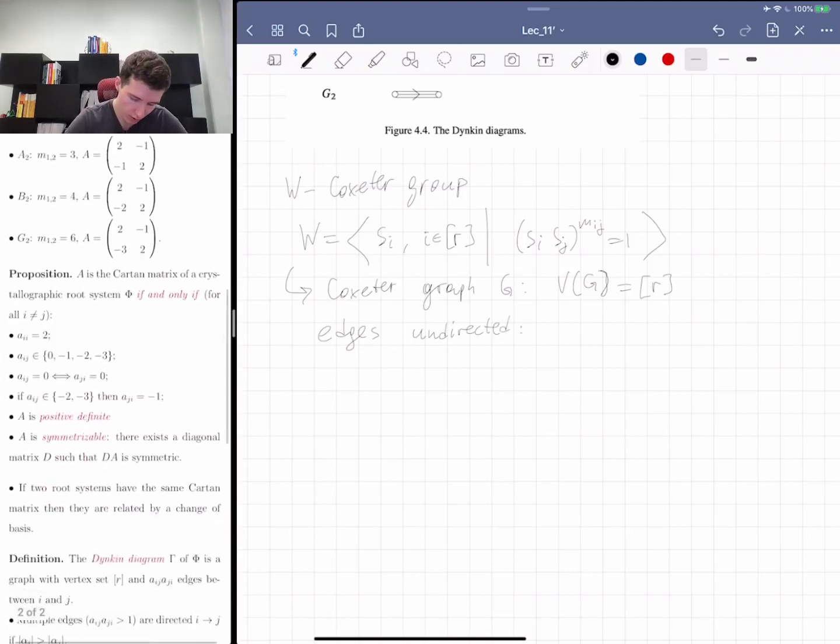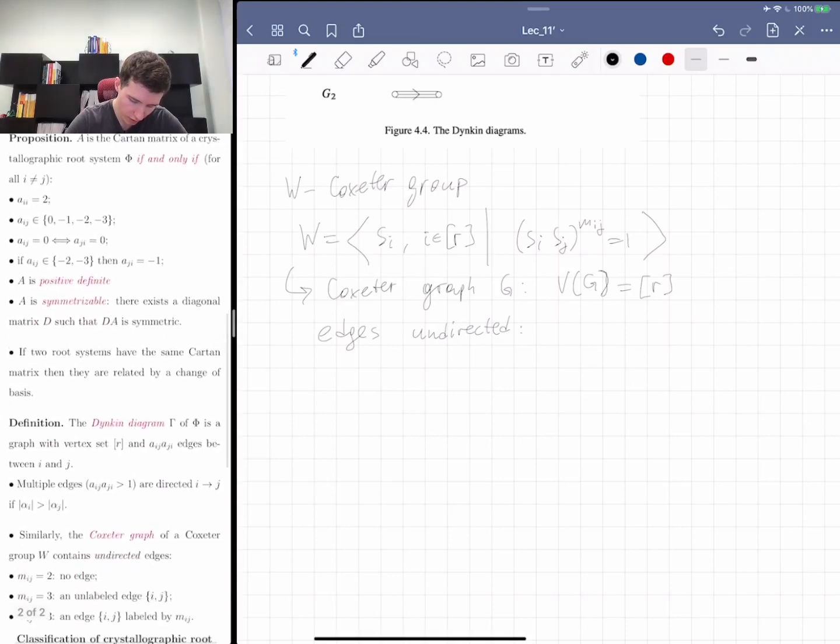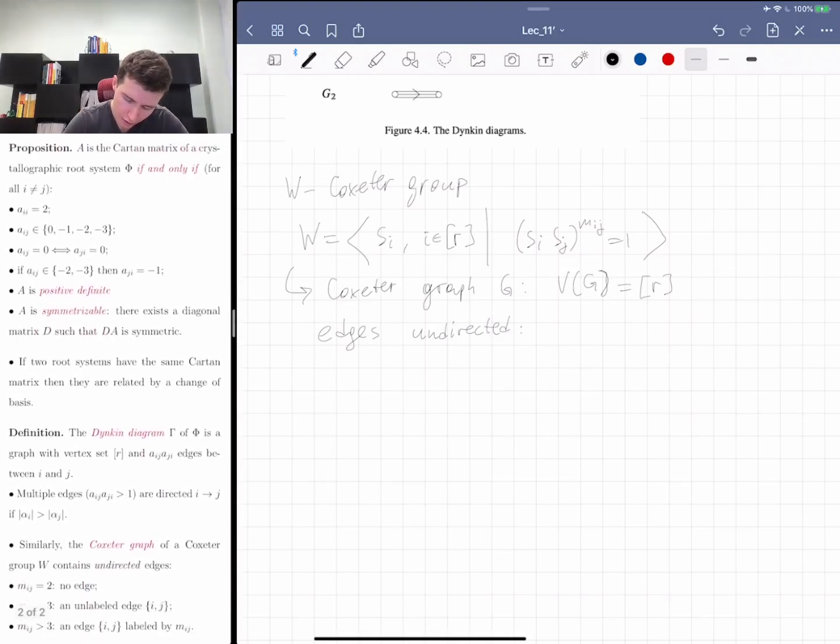So the conditions are that if m_ij is equal to 2, then s_i s_j is equal to s_j s_i. So it means that s_i and s_j commute. And in this case, I just put no edge between i and j.